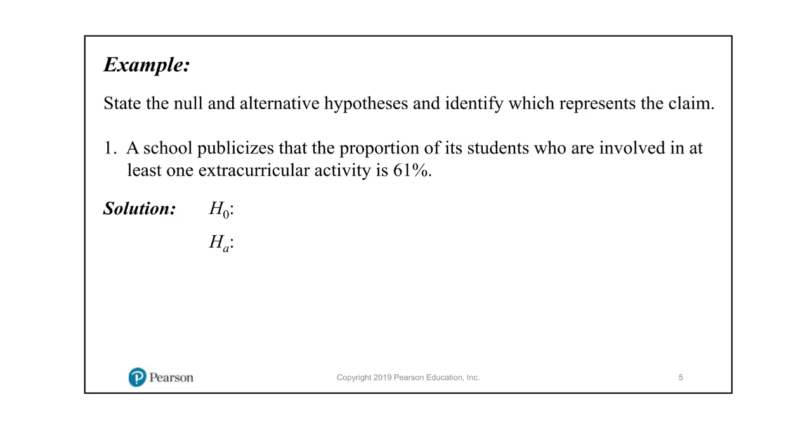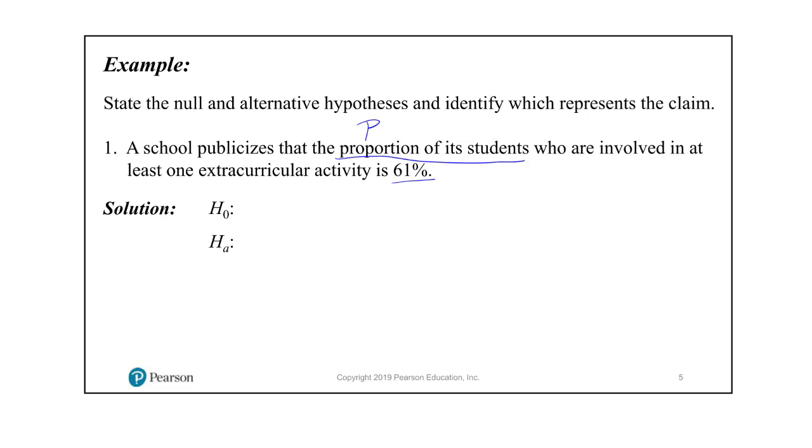State the null and alternative hypothesis and identify which represents the claim. A school publicizes that the proportion of its students who are involved in at least one extracurricular activity is 61%. Okay, so I'm going to let proportion just be P. And what is this statement really saying?